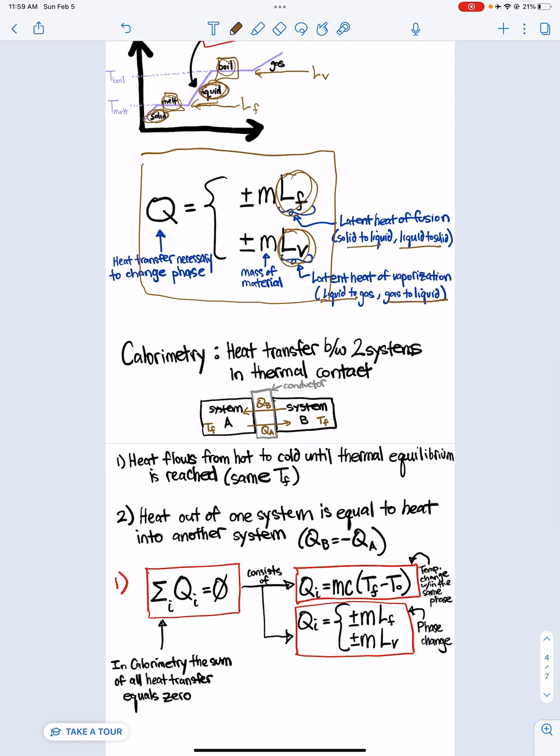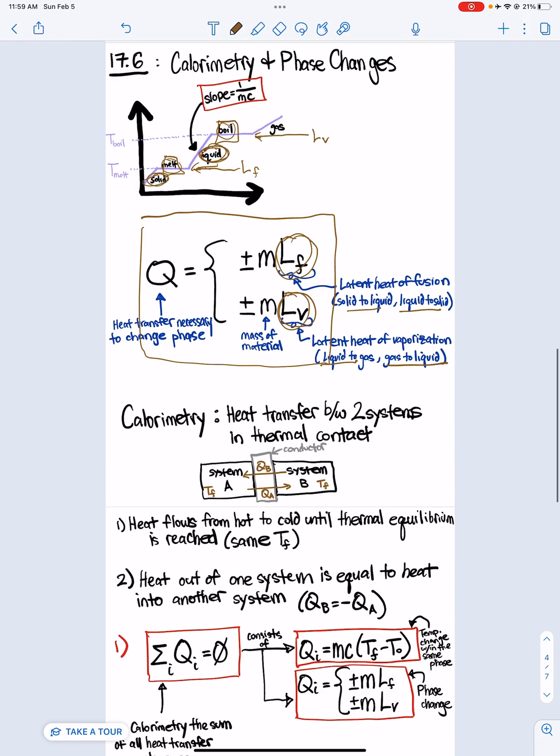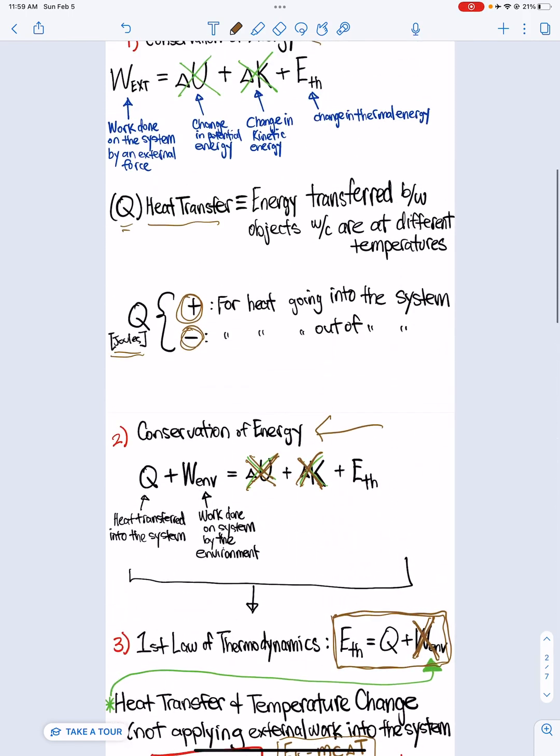The other important thing to know is that heat out of one system is equal to the heat into another system, or Q_B is equal to negative Q_A. Remember, positive and negative just mean heat going into the system or heat going out of the system.